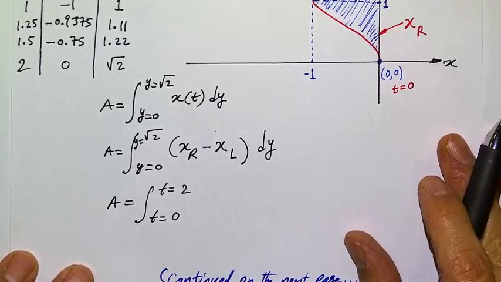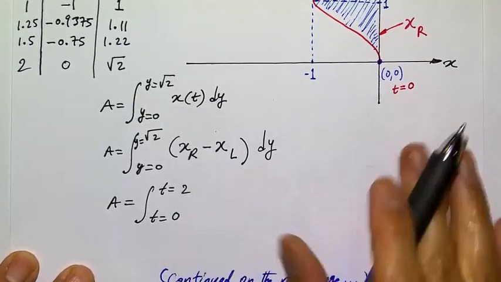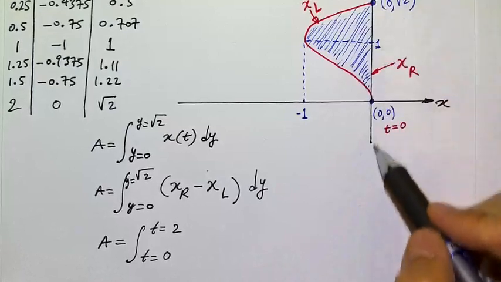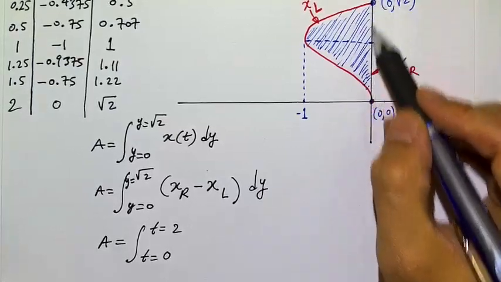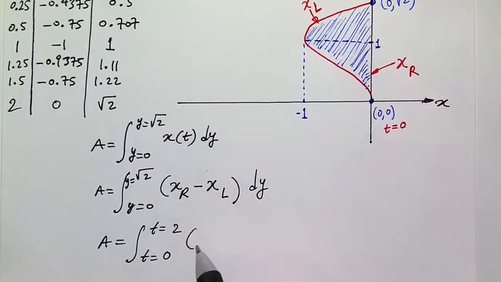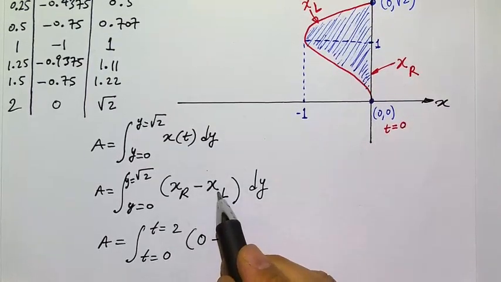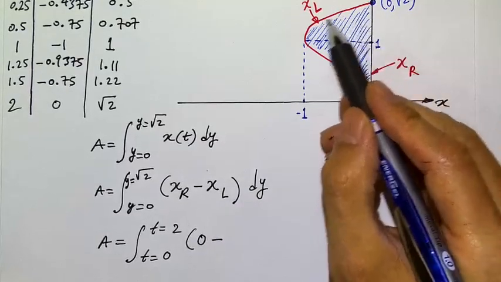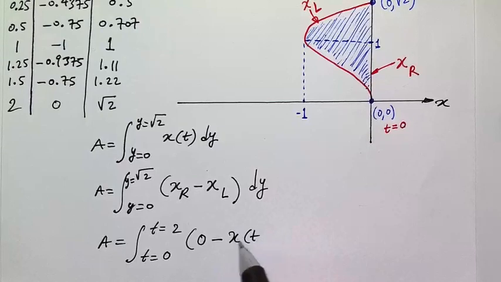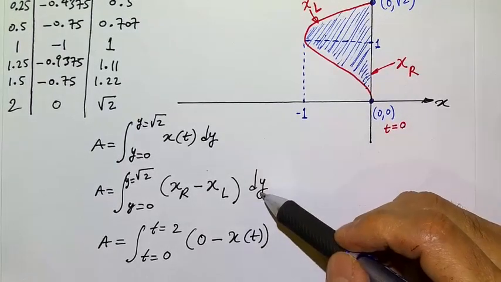Okay. And then x of r, that'll be 0, right? The x value on that line, the y-axis, is going to be 0. So we will have 0 minus the x values on this curve. So they will be x as a function of t, and then of course dy.